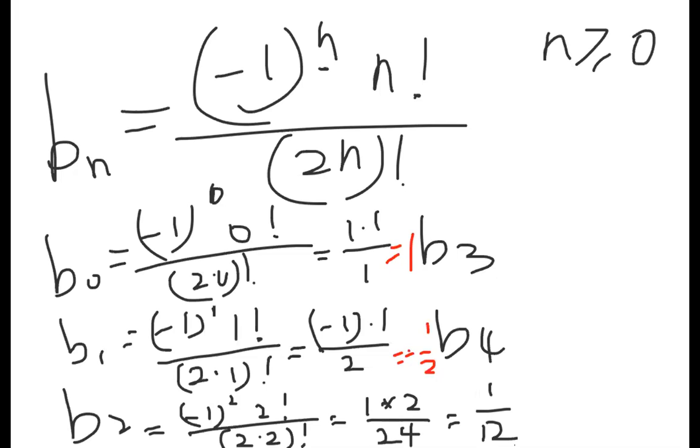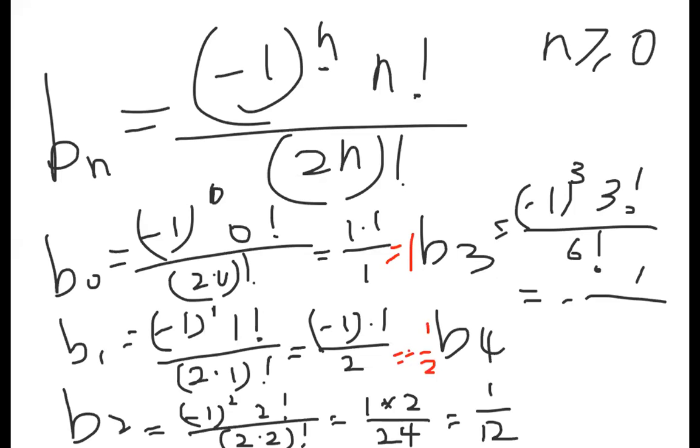For B3, you plug in 3. Now you simplify. It is -1 over 120.